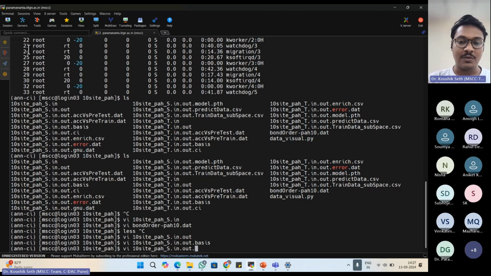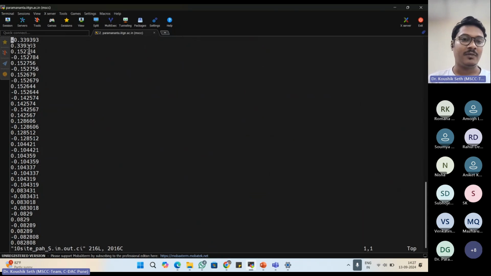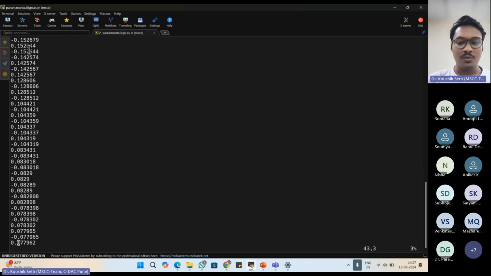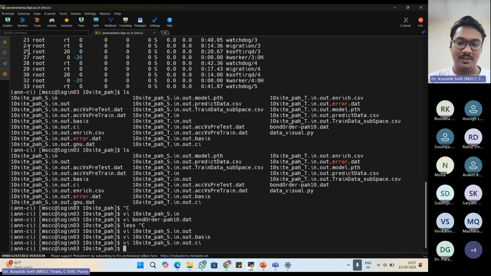Similarly, their importance is also given in the dot out dot ci file. Please keep in mind that the importance values are squared, so these values are considered as absolute. The first configuration is the most important because its value is higher. Then the importance of the configurations gets lower as we progress in the file.